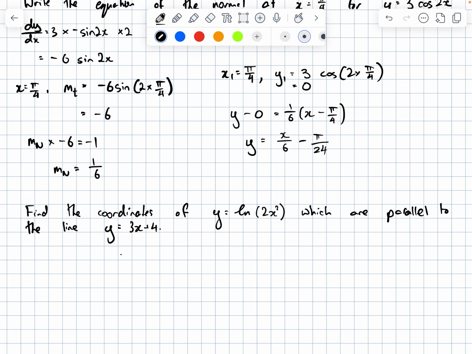Now, we need to know that parallel means same gradient, which means that the gradient of ln 2x squared should be the same as the gradient of 3x plus 4.